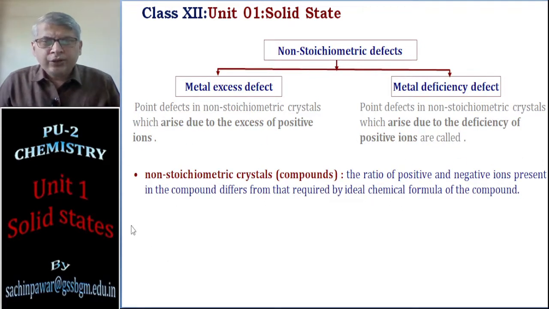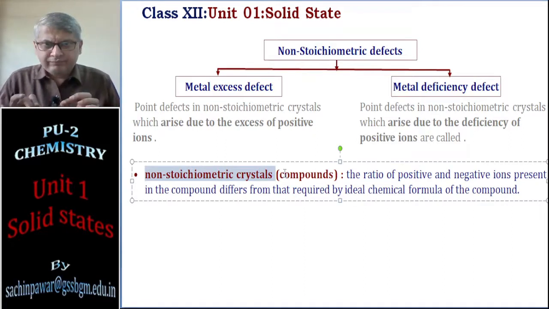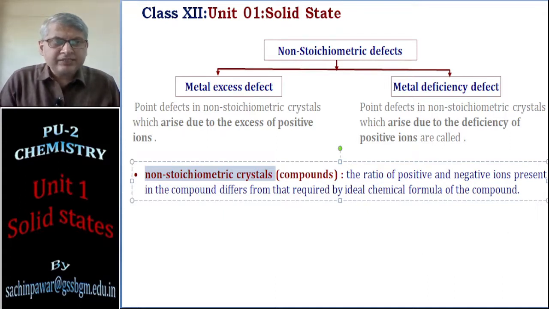As I told you, because of this defect, the crystal or the compound becomes non-stoichiometric. That means the ratio of the positive and negative ions is disturbed and differs from the ideal composition. For example, the ideal sodium chloride is NaCl, where the ratio is 1:1.